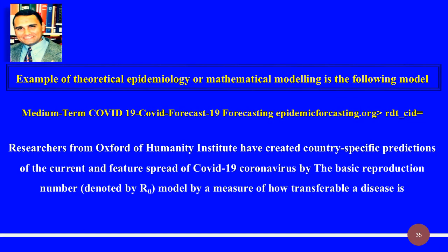As the COVID-19 or SARS-CoV-2 pandemic is a concern all over the world, many theoretical epidemiology or mathematical models have been tried to solve its problem and to show how long it will last and how it will infect people and how many people will be infected.